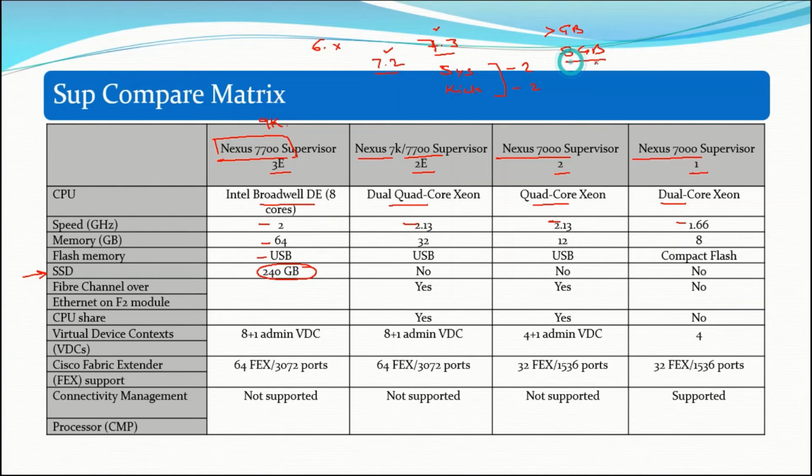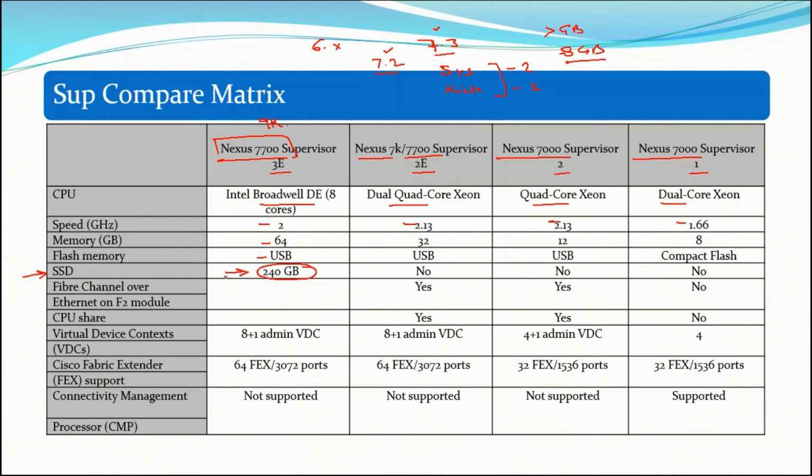Such kinds of things we can install, and we can keep a backup of a lot of configuration over there. That's the reason they have given enough storage space, so that we can utilize those spaces for further configuration.